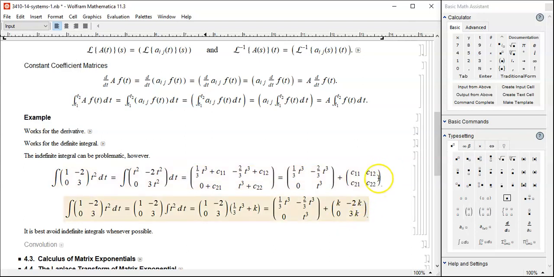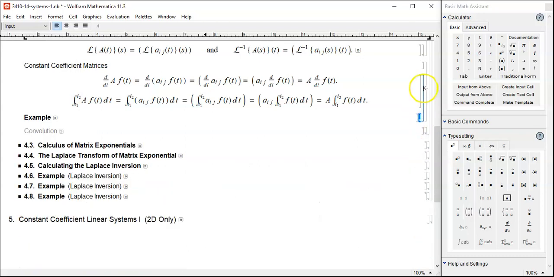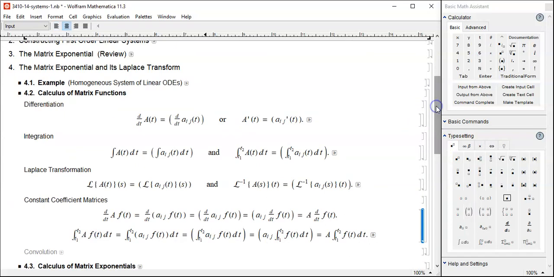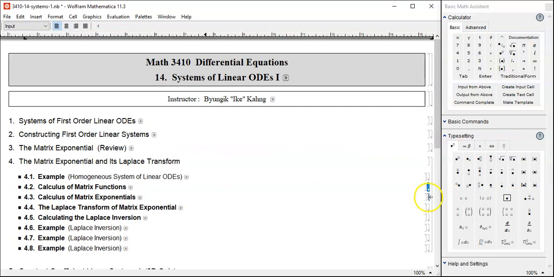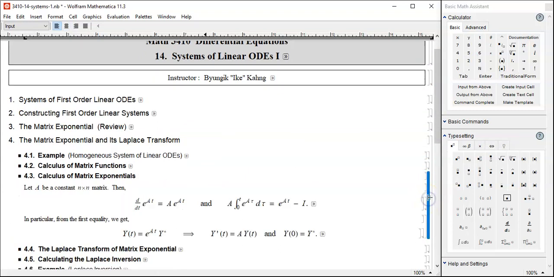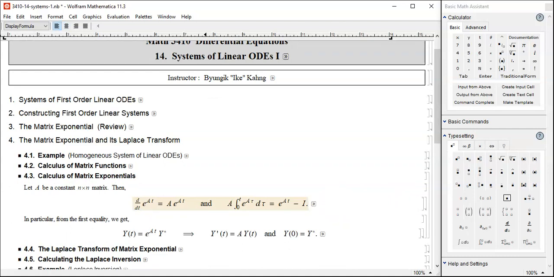They're different. And can we mend this problem? Well, most of the time it's going to be possible, but it's going to be cumbersome, and therefore indefinite integrals are best avoided. I'm not going to use them in this chapter. In chapter 9, I'll always use definite integrals, but no indefinite integrals. For example, like this, we want to establish some integral formula for a matrix exponential, but instead of using an antiderivative expression, I'm using the definite integral with t going from 0 to t like that.